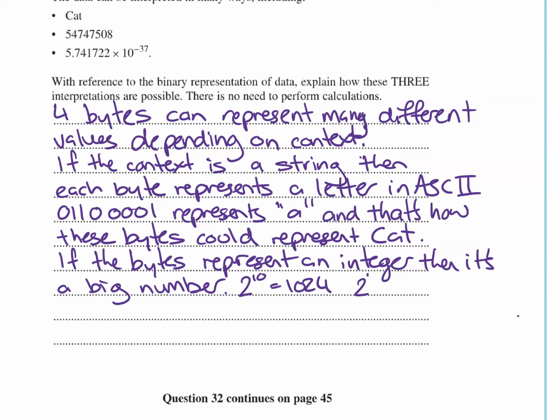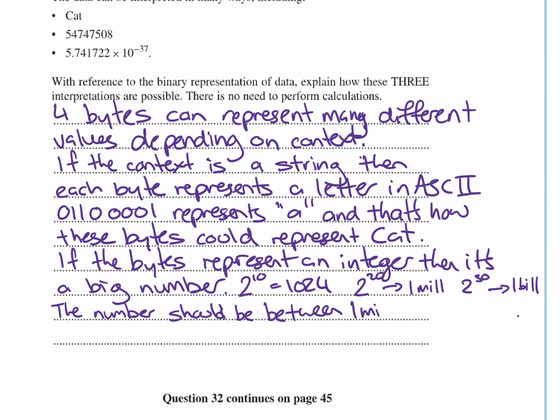So 2 to the 20 is approximately 1 million, and 2 to the 30 is approximately 1 billion. So that tells you that the number should be between 1 million and 1 billion.